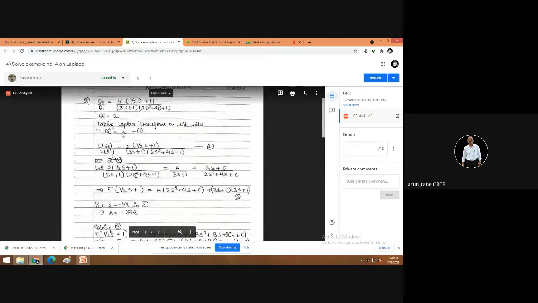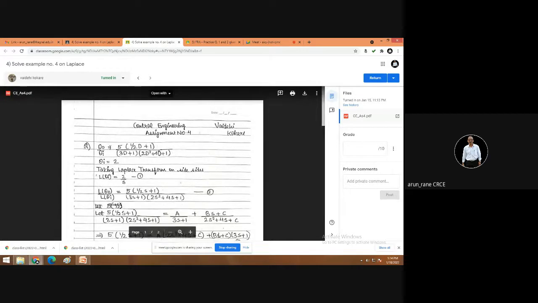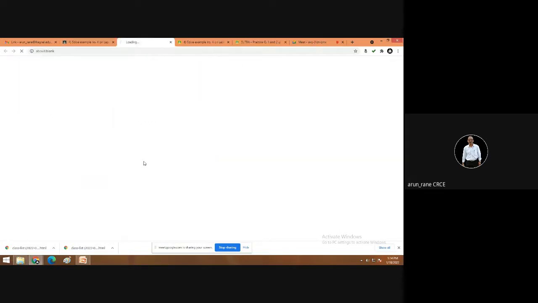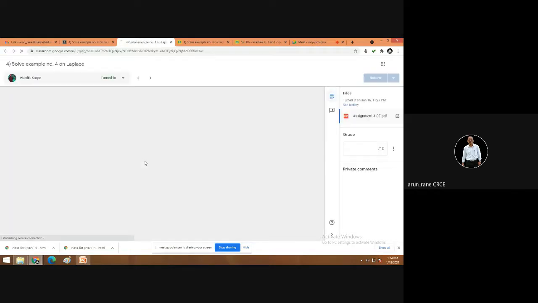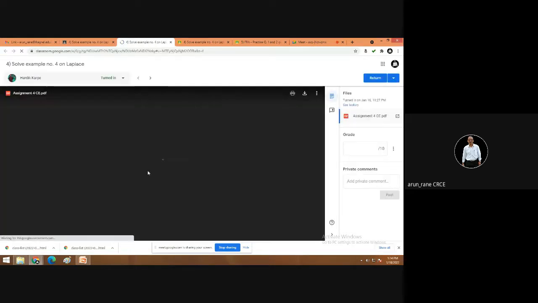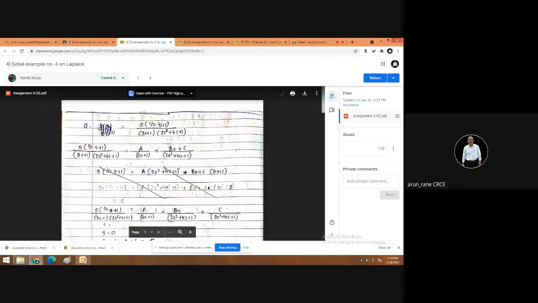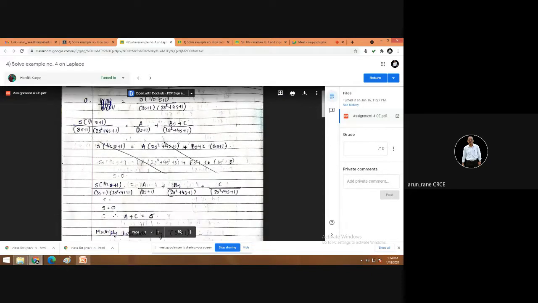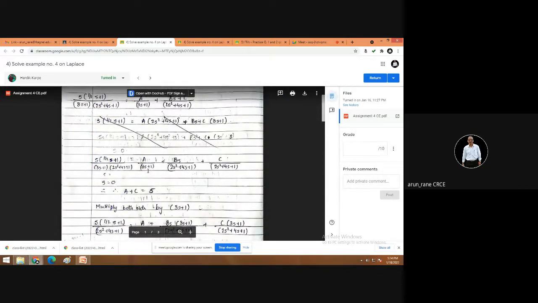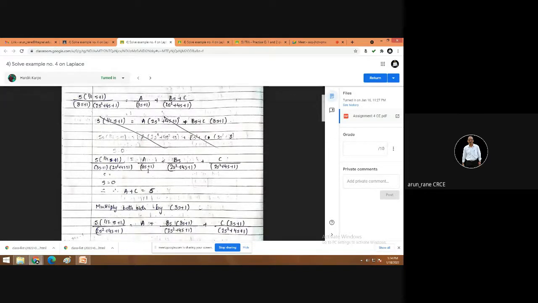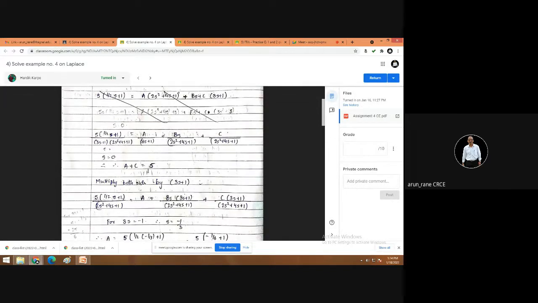So for this particular value, you can also find out the input value. Okay, this now A plus C 5, multiply both the sides. Fine.